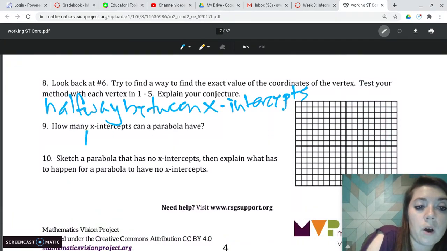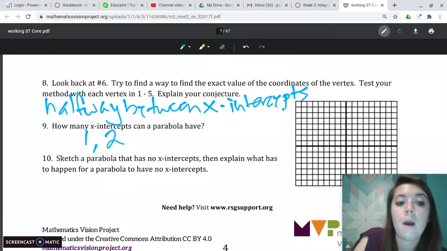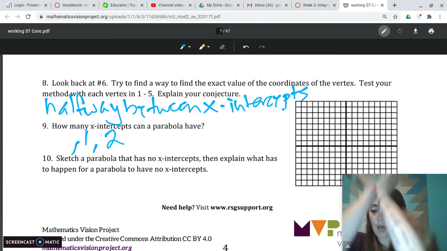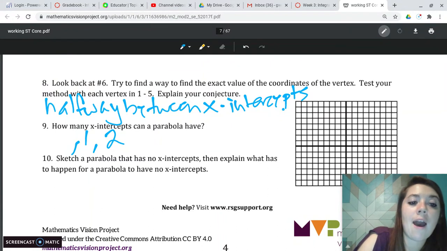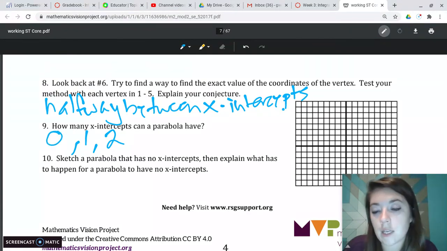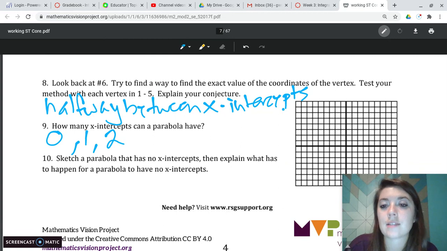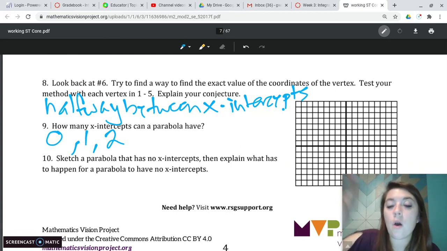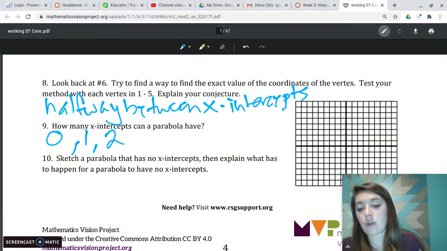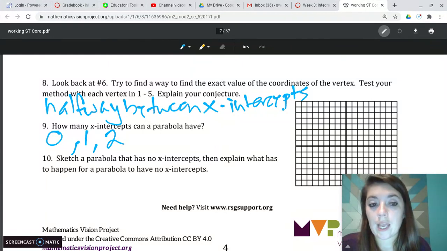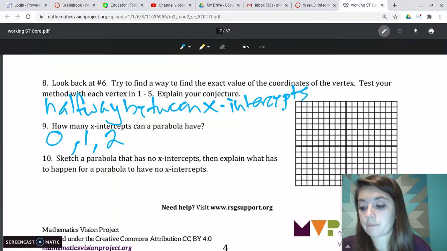So 1 or 2, but if a parabola has a minimum and it's up above the x-axis and it's not sitting right on it, it can also have 0 x-intercepts because it's up above the x-axis and facing upwards, or it could be one that has a maximum and is down below the x-axis and facing down. So either of those get you 0 x-intercepts for your parabola.